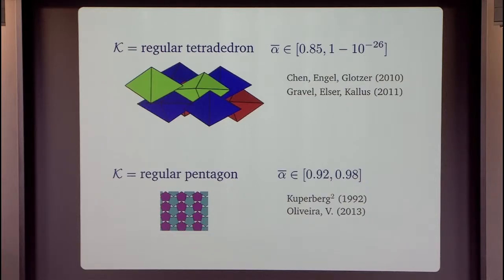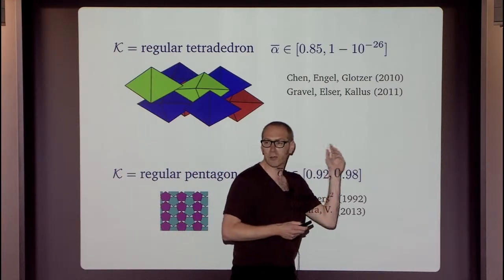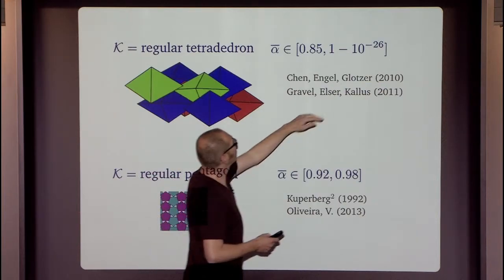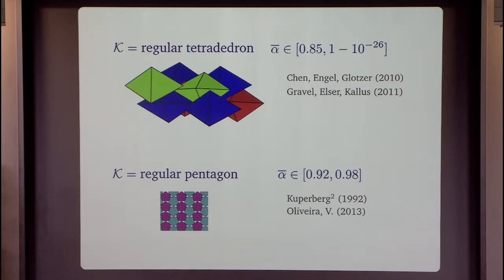Upper bounds are not so good at the moment because we simply don't have a good method for proving upper bounds. Gravel, Elser, and Kallus, in a 20-page paper, prove an upper bound of 1 minus 10 to the minus 26. So they show it's strictly less than 1, but not much more than that.